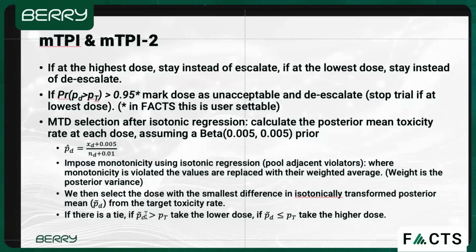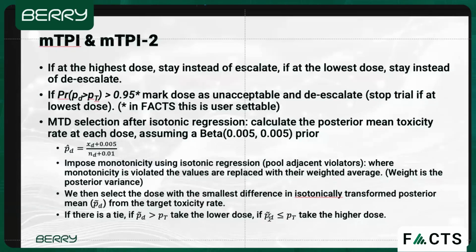And if there is a tie, and of course, if you've done this pooling thing, then you will have adjacent doses with the same value of this transformed posterior mean. Then if that mean value is above the target, then you take the lower of the two doses.